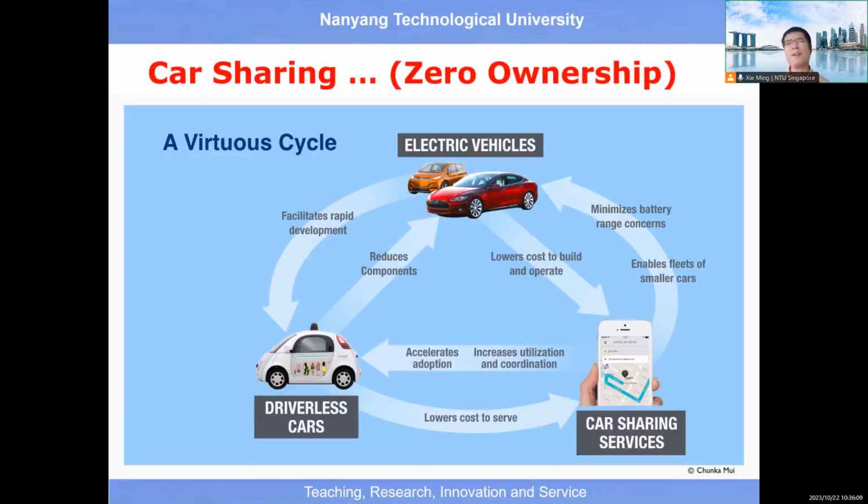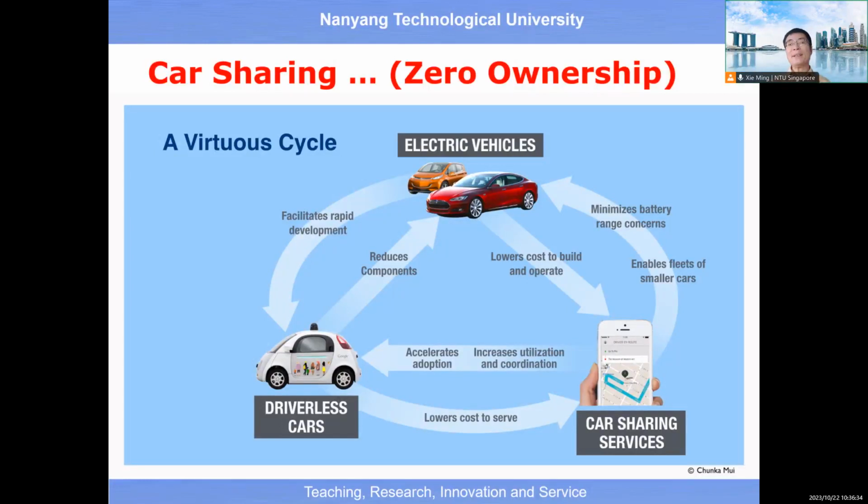In terms of the philosophy behind the business model of car sharing, actually it is to achieve this objective of zero ownership, right? And here you see the use of electric vehicle. Actually, the deployment of electric vehicle will help us to achieve zero pollution, right?